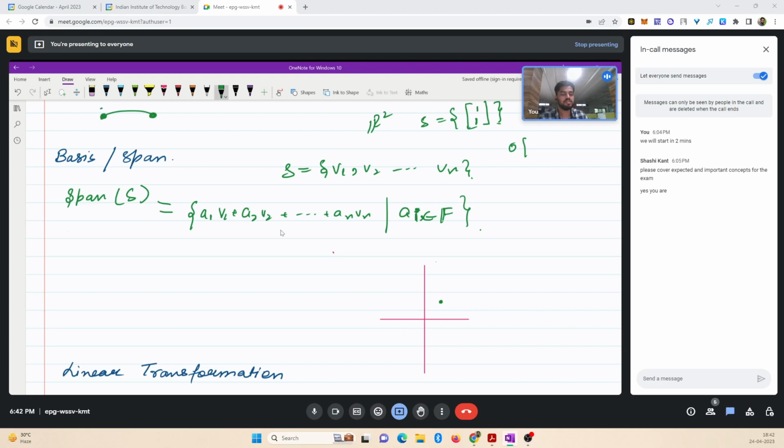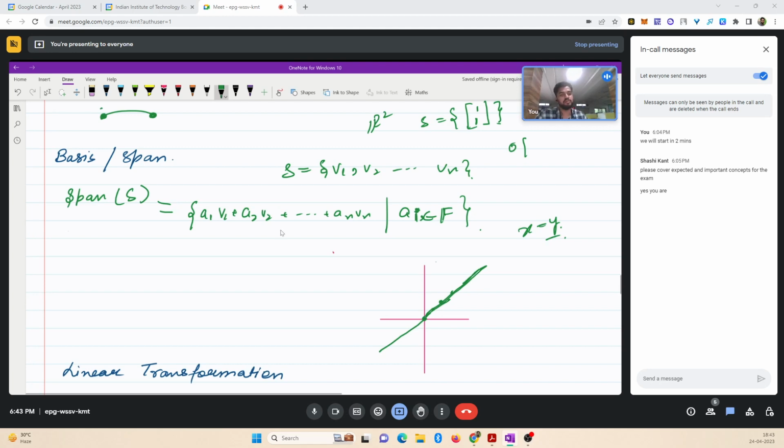If I multiply it by 0, then I get 0. If I multiply it by 1, I get (1, 1). If I multiply it by half, I get (half, half), and so on if I multiply it by 2. So if you trace this thing, you will get a straight line. If you take the combination of all these, the span of this set is this straight line, that is x is equal to y. So this is how this thing looks like.